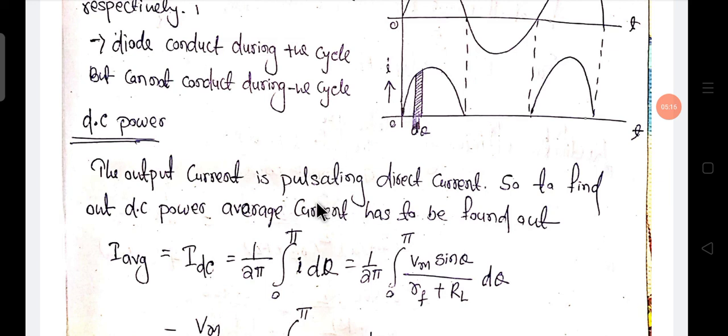To find the DC power, the average current has to be found. Due to the pulsating DC, the current is not the same at every instant, so we calculate the average current for that pulsating DC.